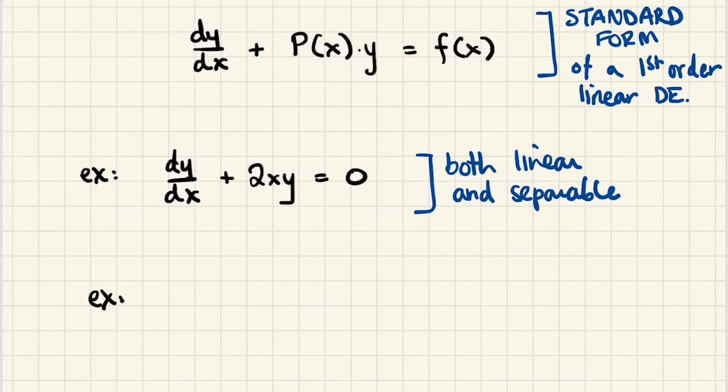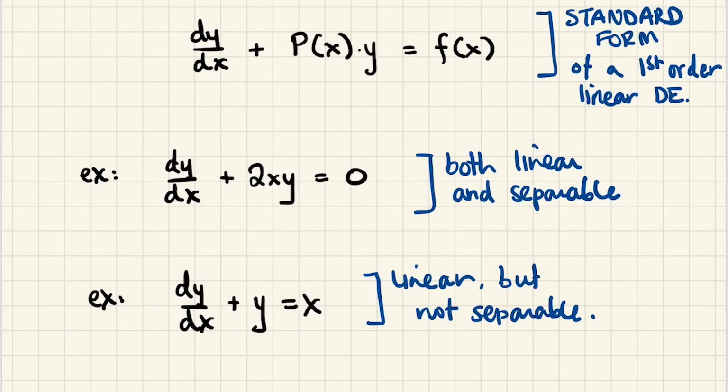However, this linear equation here is not separable. So some linear equations are separable, some aren't. Of course, when you have an equation that's both linear and separable, then you have the choice of solving it as a separable differential equation using the techniques from 2.2, or you can solve it using the techniques from this section.